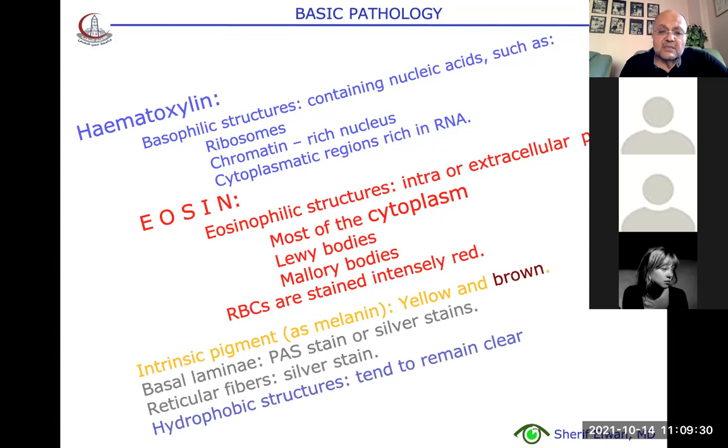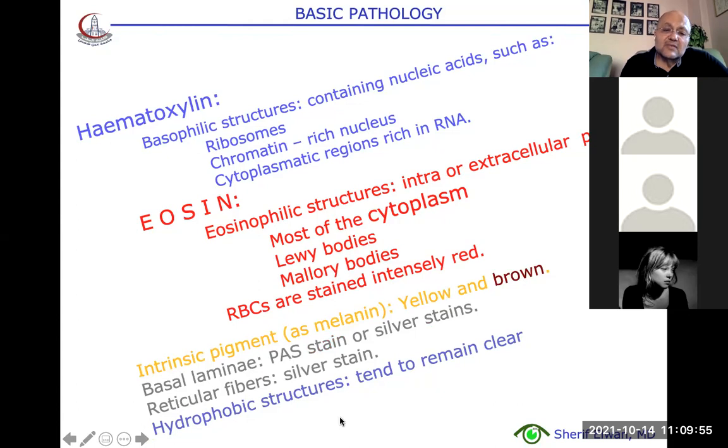Other intrinsic pigments in the preparations that we might encounter, like melanin, are yellow and brown. Melanin, when it is very dark, when it is very concentrated, is brown in color, and when it's light, it looks yellow. Mind you, I am making the texts here in the color that I'm talking about.